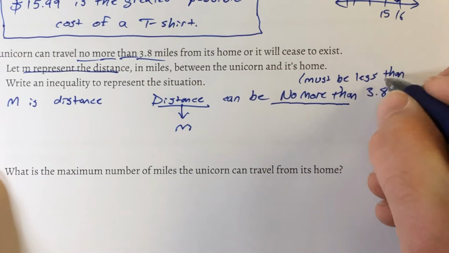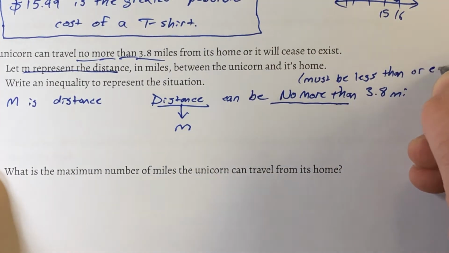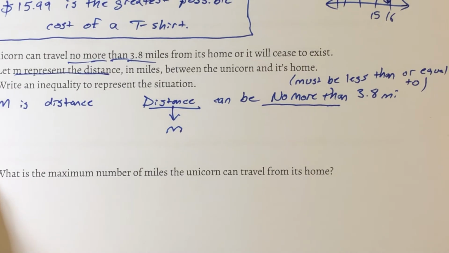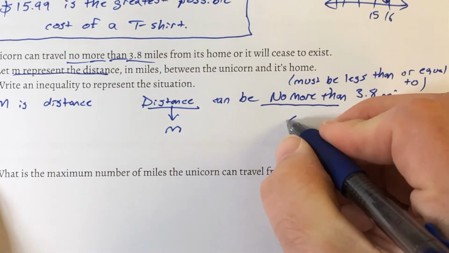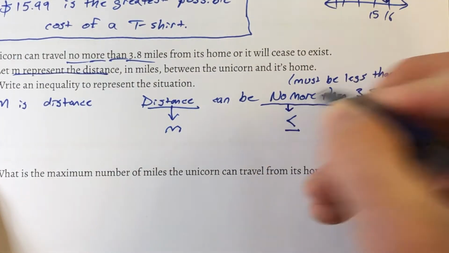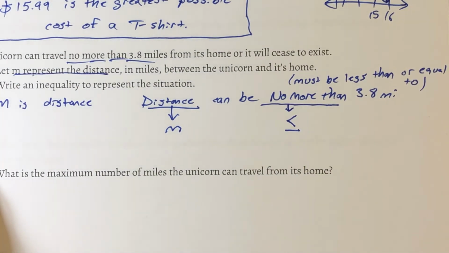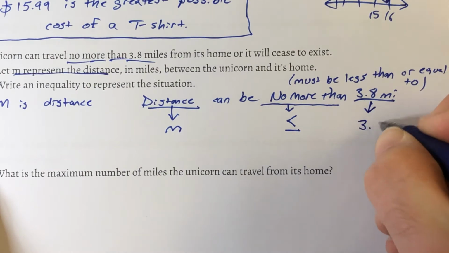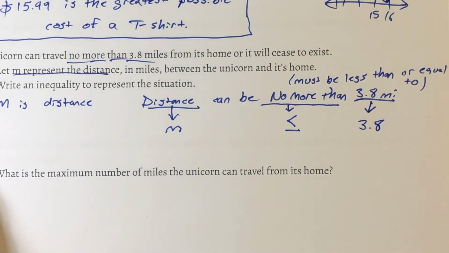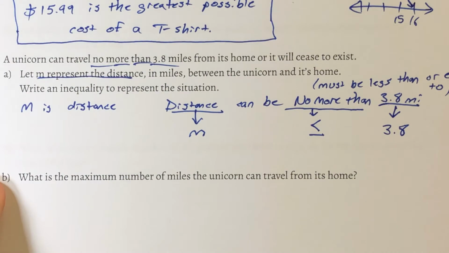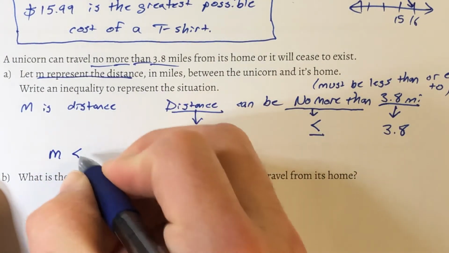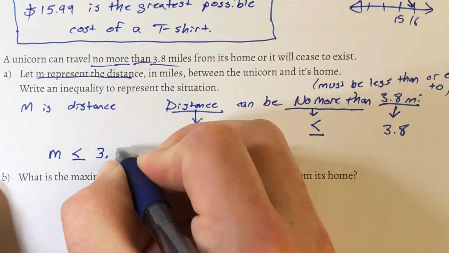So it can be less than or equal to that number. That's what no more than means. So less than or equal to is a symbol that we're going to use to represent no more than. And then our number is, of course, 3.8. So our inequality to represent this situation is M is less than or equal to 3.8.